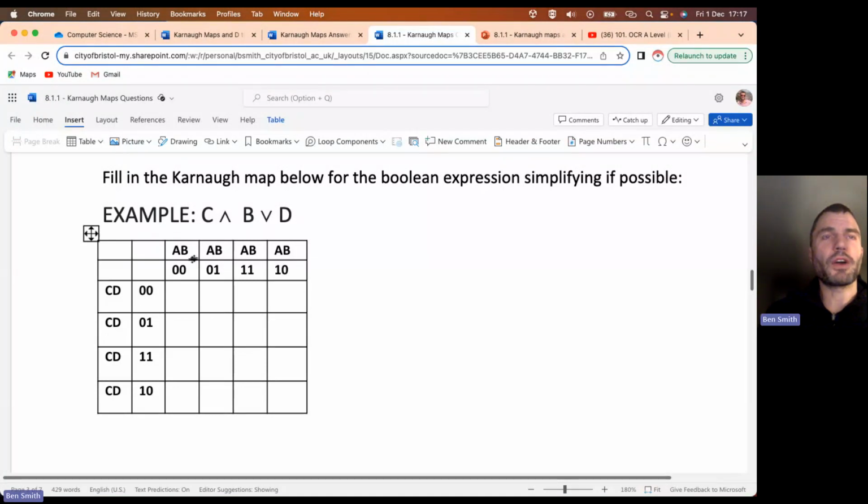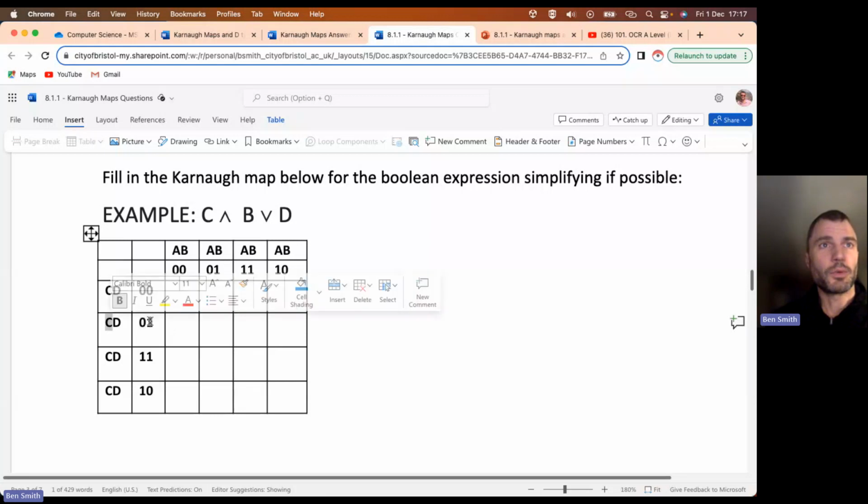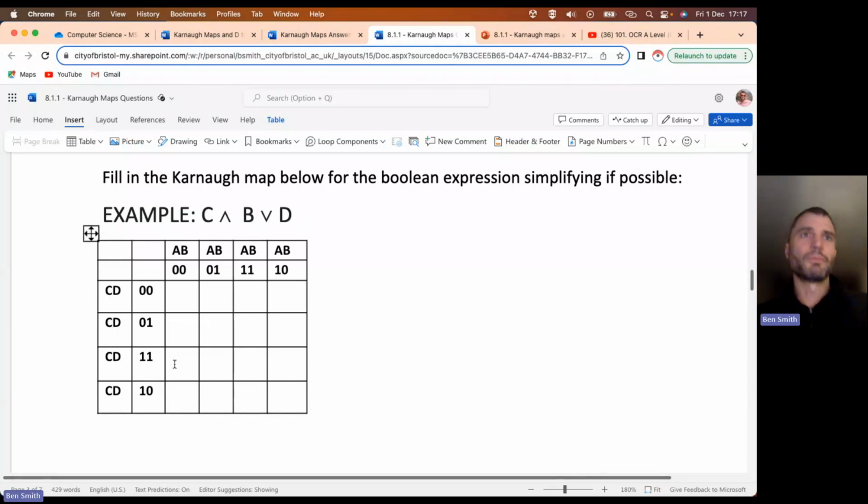Obviously, when you have four inputs like this, you have to put all the different combinations of the inputs. So you've got A and B along here and C and D down here. This first one, 0, is for C. Second one here, 1 is for D. So C and B both being true: where is C true? C is true here, but B is not true here.